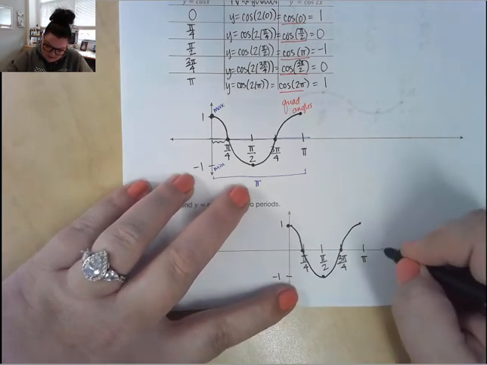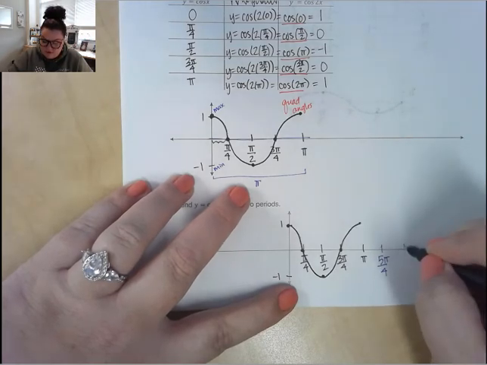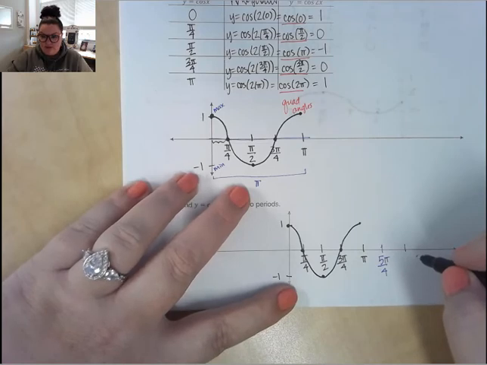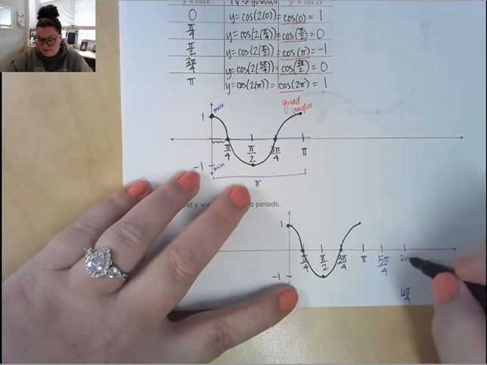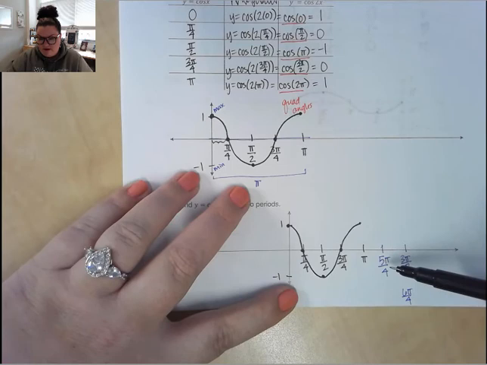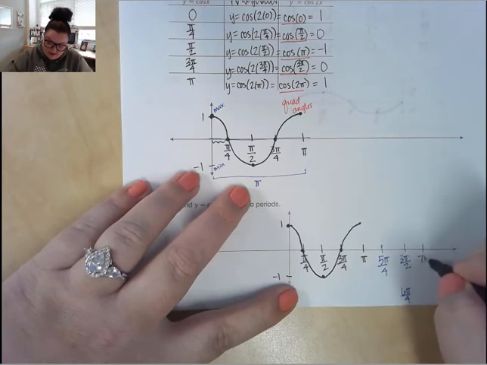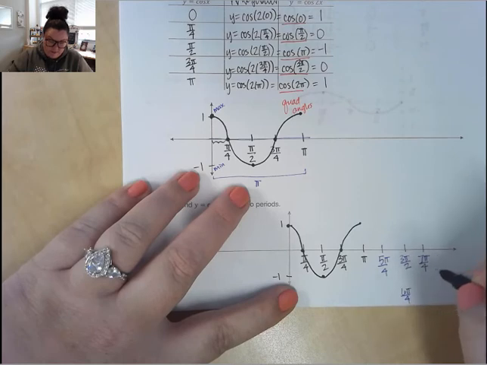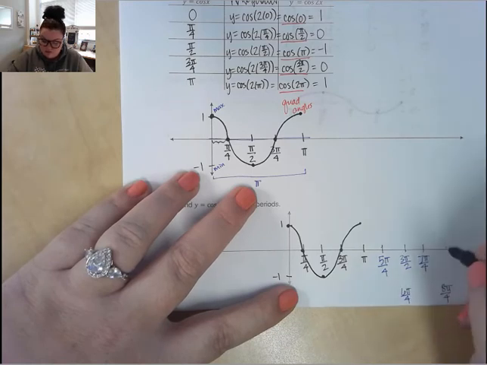So my next one would be 5 pi over 4, and then 6 pi over 4. Now 6 pi over 4 reduces, right? I can reduce that to 3 pi over 2. Okay. So 5 pi over 4, 6 pi over 4, 7 pi over 4, and then 8 pi over 4. And 8 pi over 4 reduces to 2 pi.